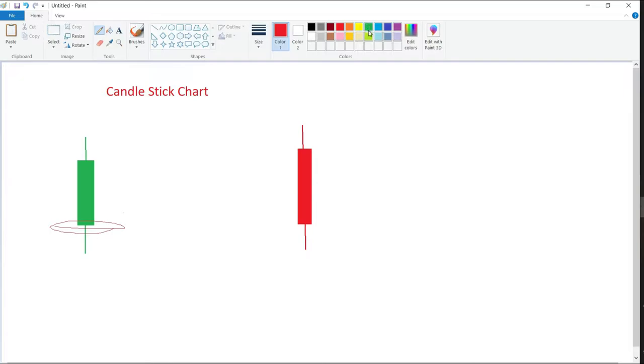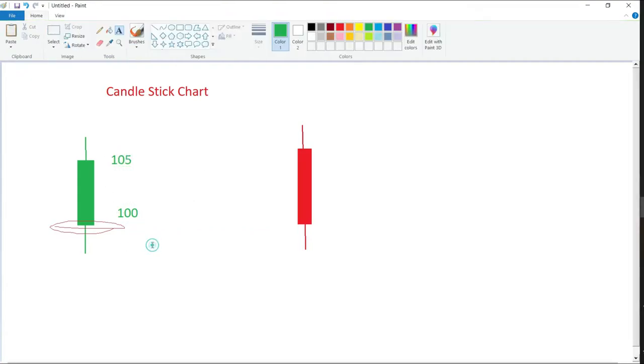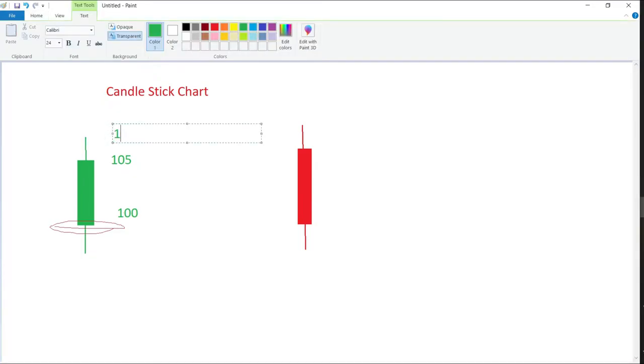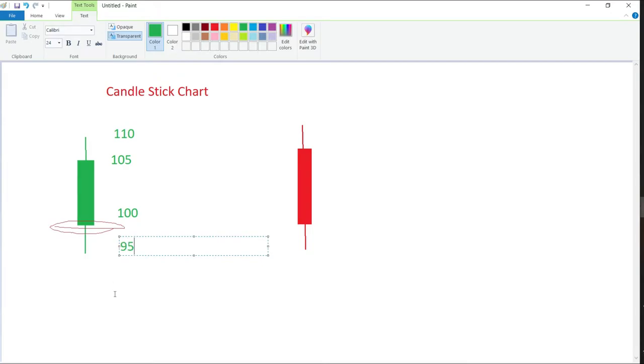For example, maybe today it opened at around 100 and closed at around 105. But during the day it also made a high of say 110 and a low of 95. So basically, what is a chart?